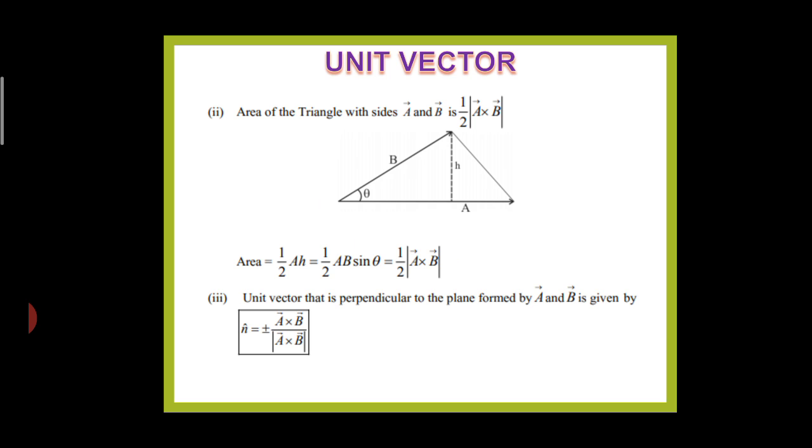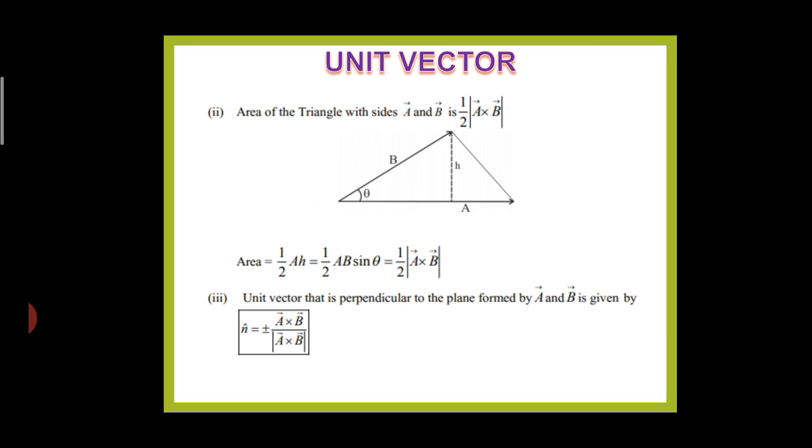So, area equals 1 half A into h, while h means B sin theta. So 1 half AB sin theta is equal to 1 half the magnitude of A cross B.